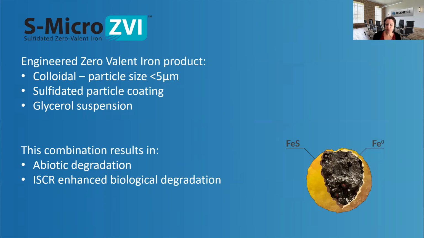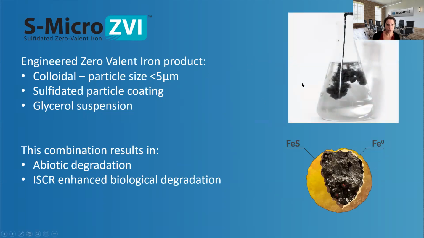MicroCVI is the zero valent iron that we used. It's again a colloidal reactant, so it's very easy to inject, and it allows us, together with PlumeStop, to minimize the production of daughter products from the degradation.